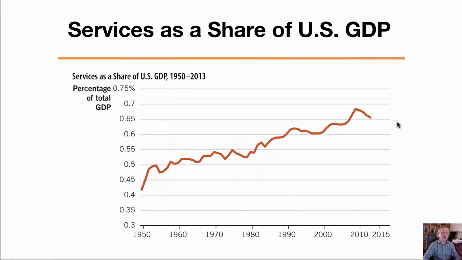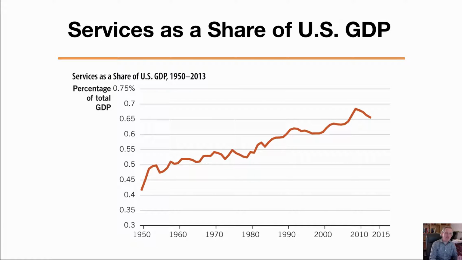It's fallen off a little bit as some manufacturing has come back to the U.S. from being outsourced, mostly automated manufacturing, but I don't expect this overall trend to change a whole lot over time.